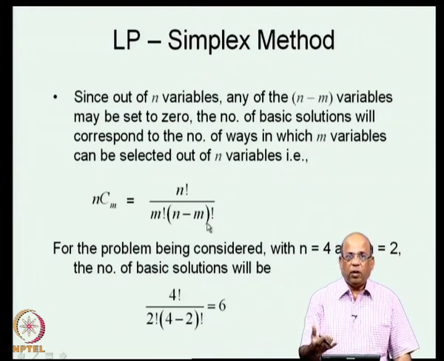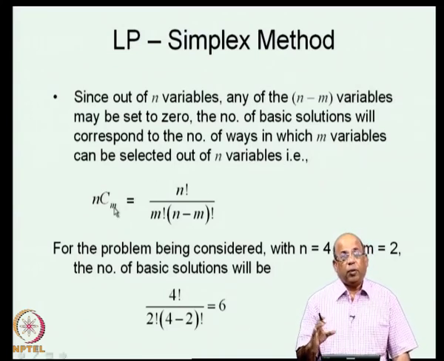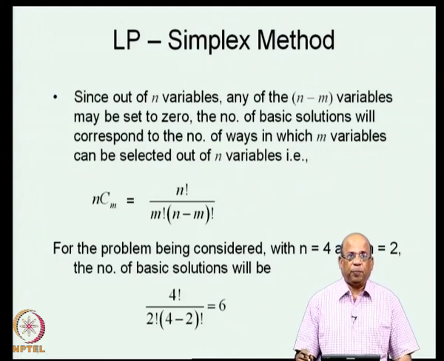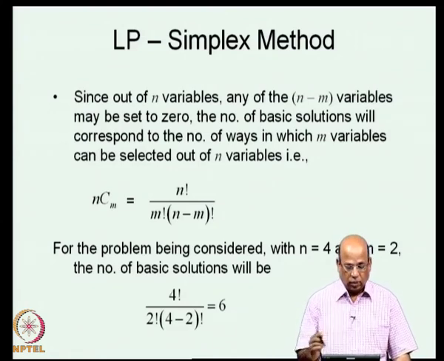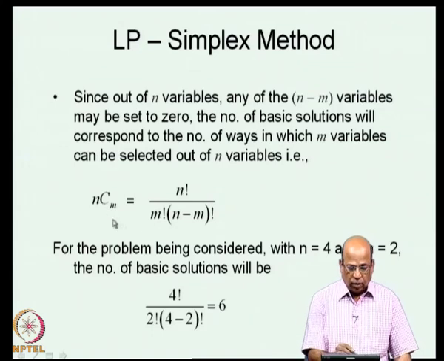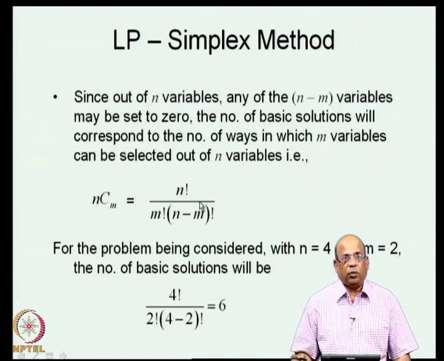So, this is the number of solutions, the number of basic solutions that are possible. What are the basic solutions? Basic solutions are the solutions obtained by setting n minus m variables to 0 and solving for the remaining m variables. So, nCm is the number of basic solutions that are possible.